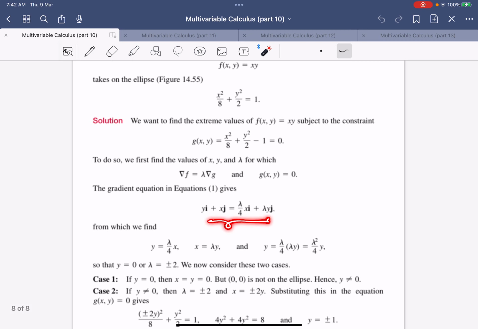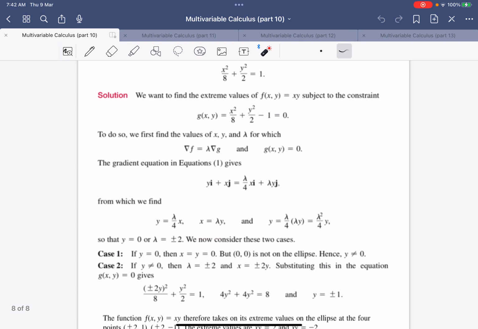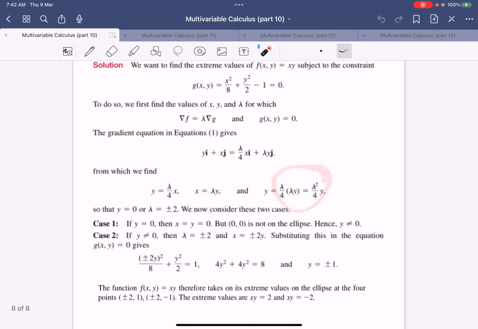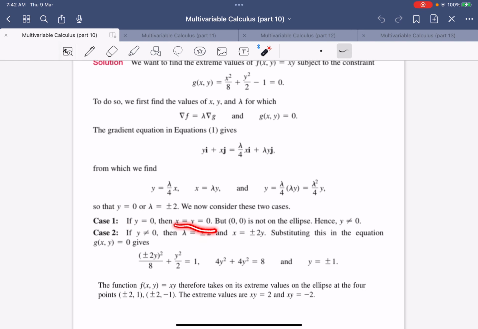And when you shift this around, you get y equals lambda over 4 x, and x equals lambda y. And also y must equal lambda squared over 4 y. And hence y equals 0 or lambda equals plus minus 2. Then we consider the case where y equals 0. x will then be 0, but (0, 0) is not on the ellipse, so y cannot be 0.